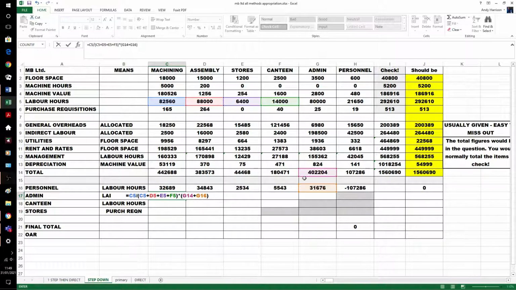C5 stays the same, but we've now got to remember to bring in the reappropriated part. And we can absolute these to make half absolute or hybrid absolute. You could also click in it and press F4 and it makes it a full hybrid.